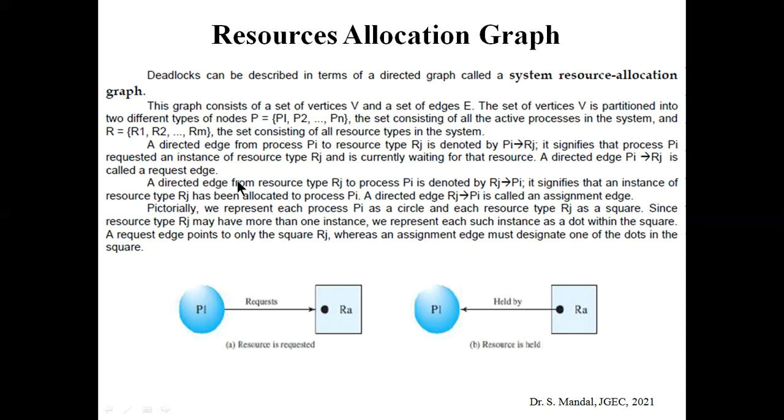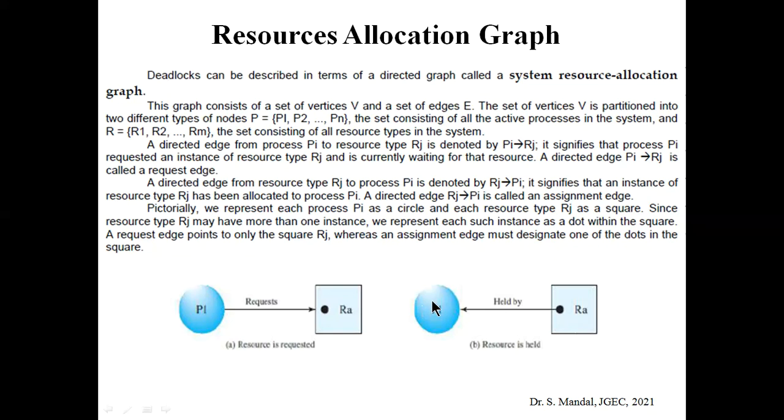It signifies that an instance of resource type Rj has been allocated to Pi. A directed edge from Rj to Pi is called an assignment edge, held edge, or allocation edge. All are the same. You can see that this is the pictorial representation of both cases, where the P1 process requests a resource, and in the second case the resource has been allocated to the respective P1 process.